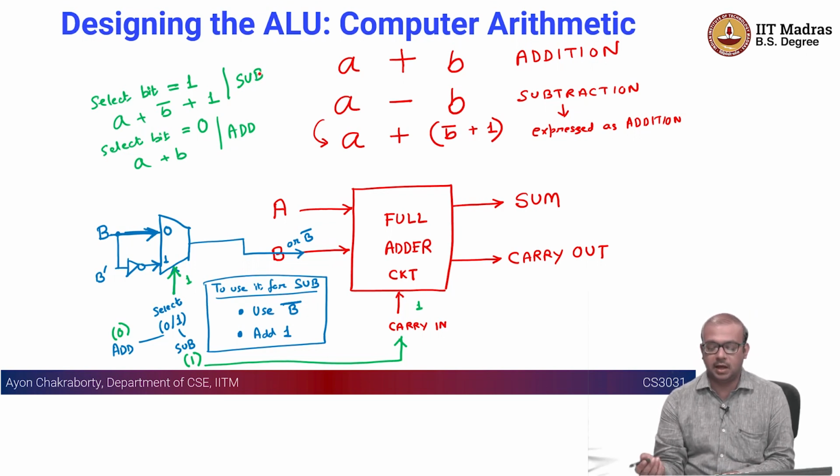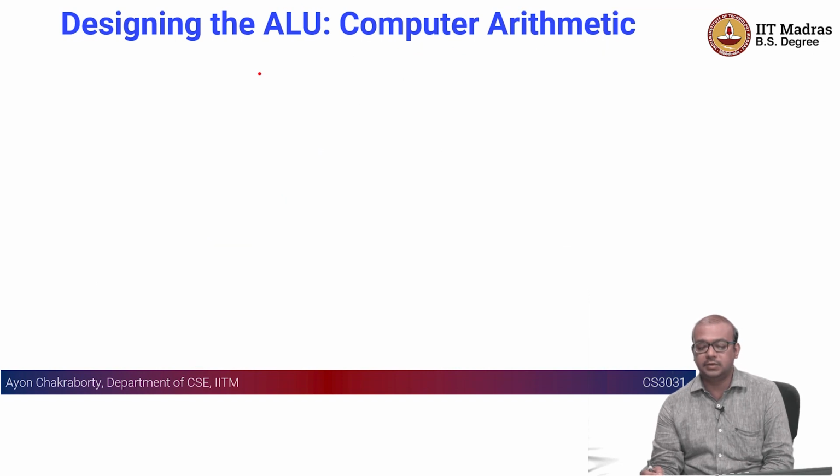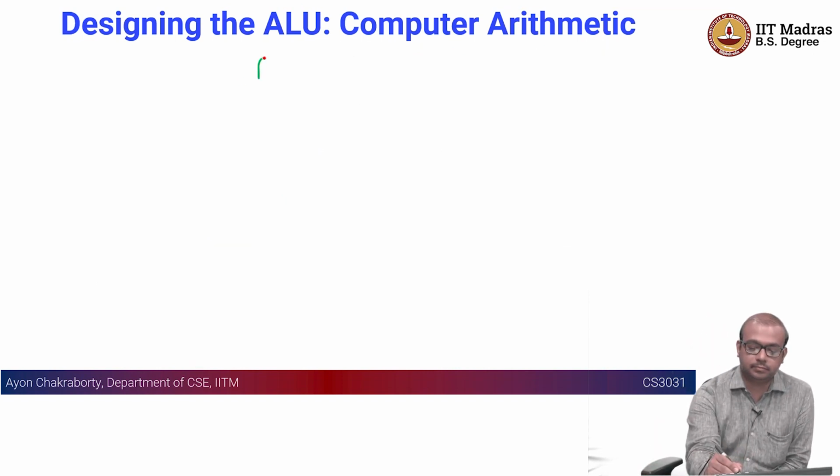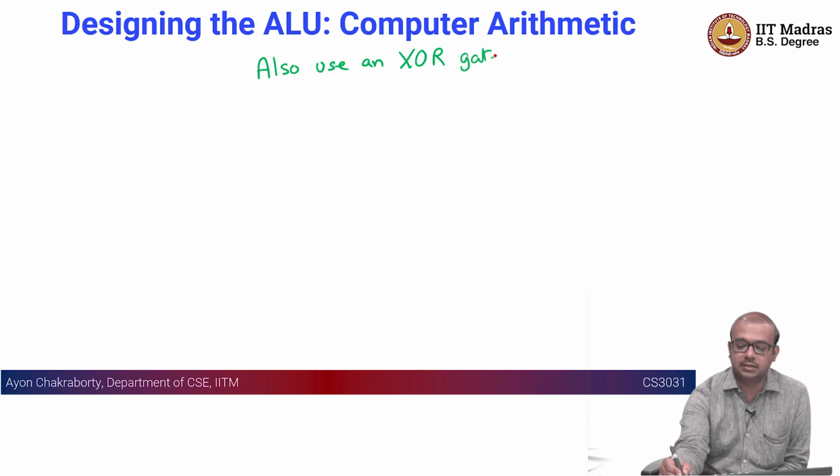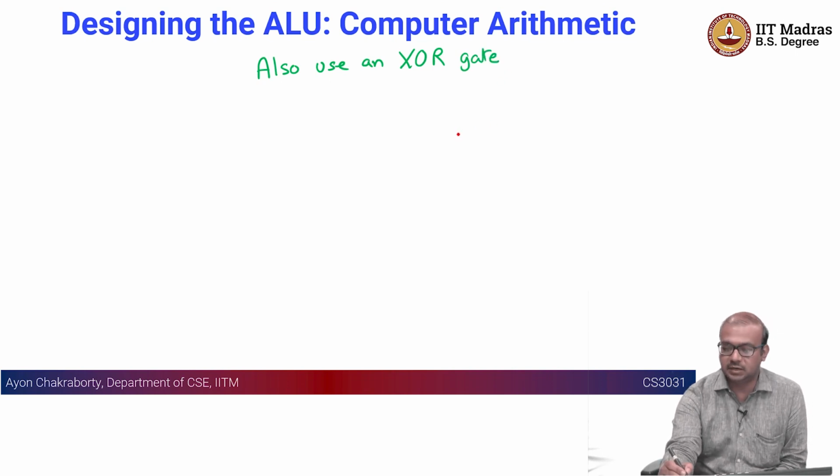Another option you can use is this: instead of a multiplexer, since this is just an inversion, you are here using a NOT gate as well as a multiplexer. You can also use an XOR gate, right? How to use an XOR gate? If you see the expression, I want to find B complement or not find B complement.